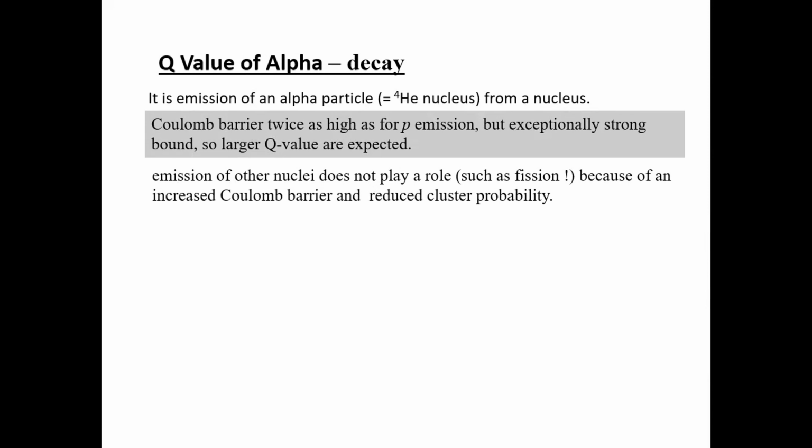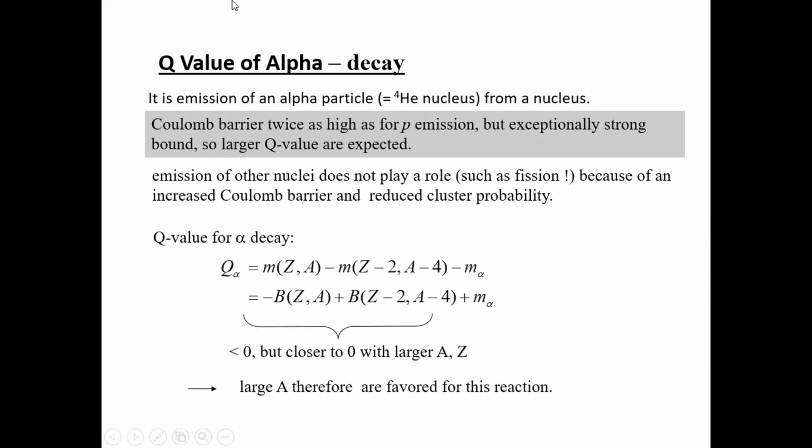So the Q values are large in general. Emission of other nuclei, such as fission, does not play any role, because of an increase in the Coulomb barrier and a reduction in the cluster probability. The clustering has a probability.